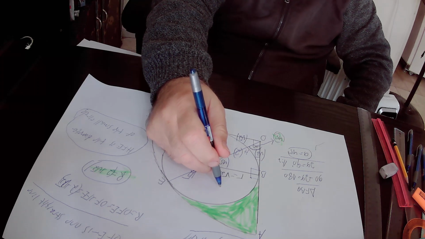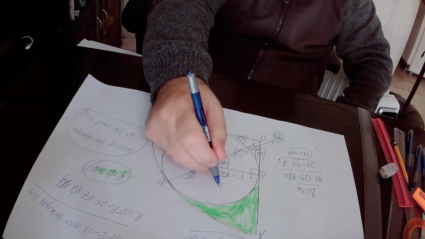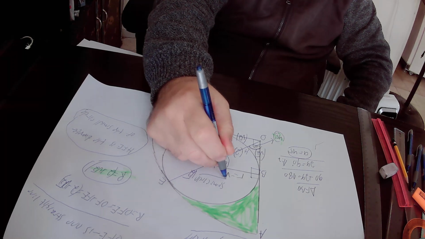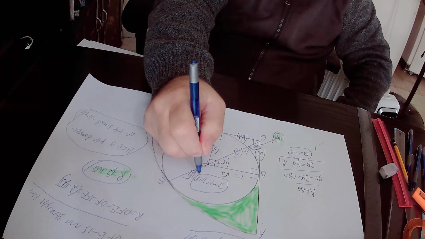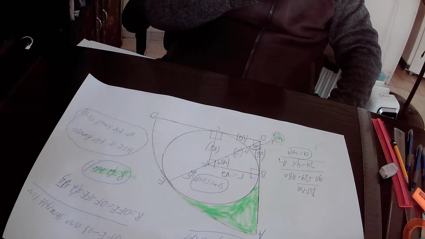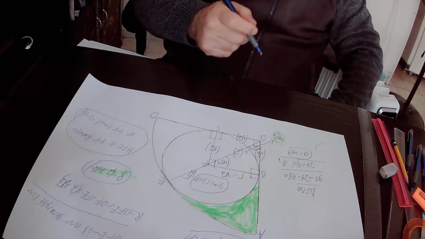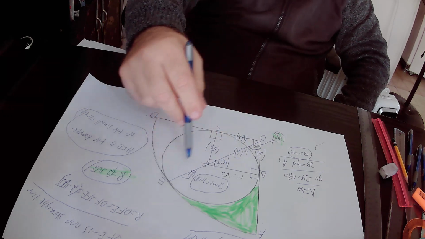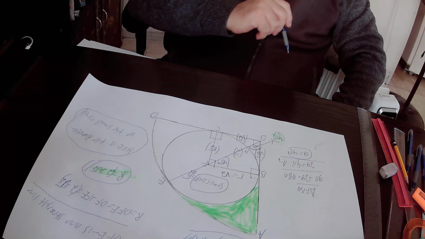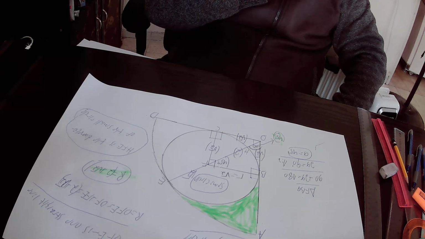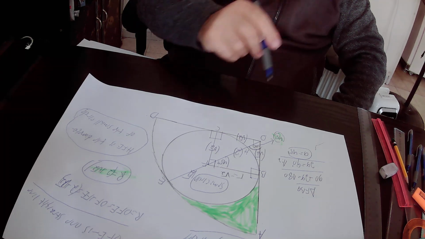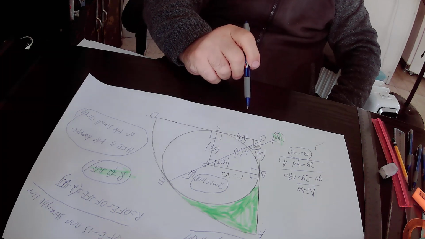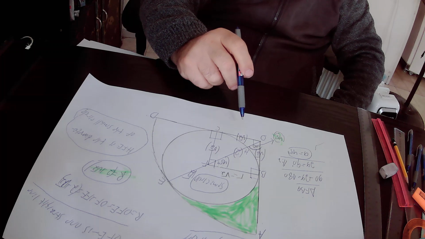This is the first half that is defined as a semicircle, one half of the small circle.